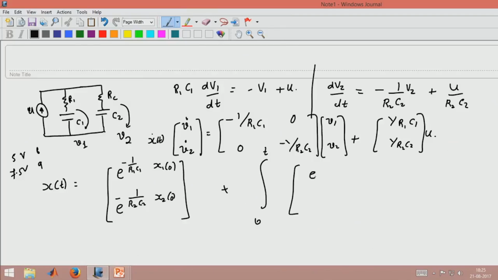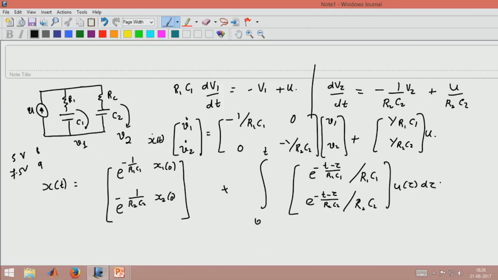So, this will be e power minus t minus tau over R1 C1 divided by R1 C1, and e power minus t minus tau over R2 C2 divided by R2 C2, times u tau d tau.